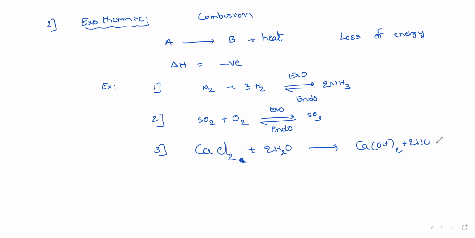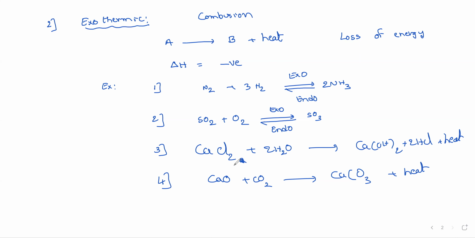In this reaction, heat will be liberated. So this is also one example of an exothermic reaction. Reaction of calcium oxide with carbon dioxide gives us calcium carbonate, and heat is liberated in this case as well.